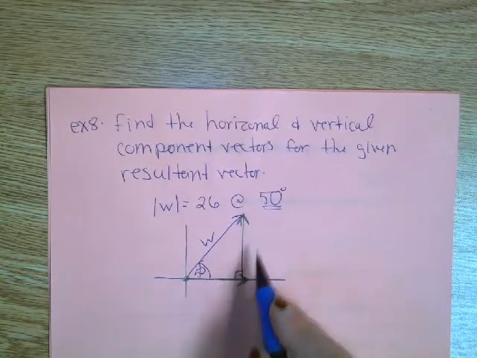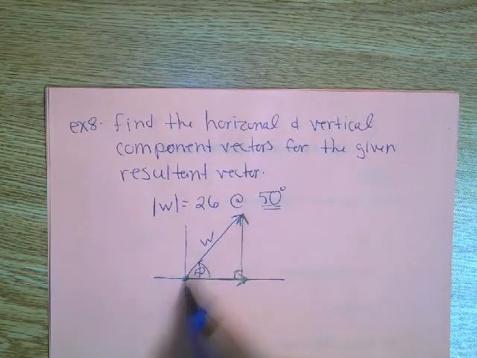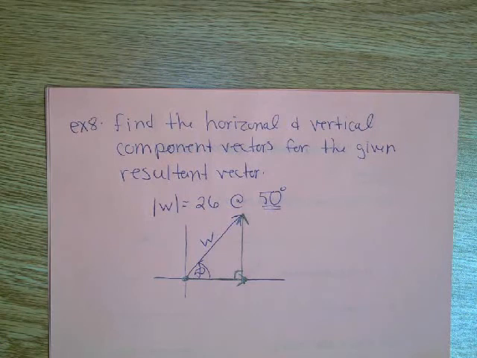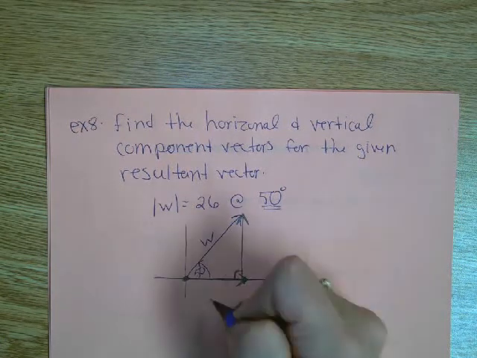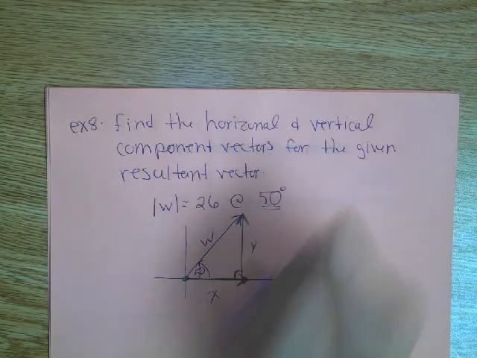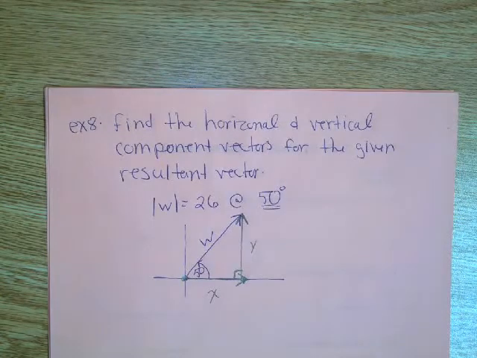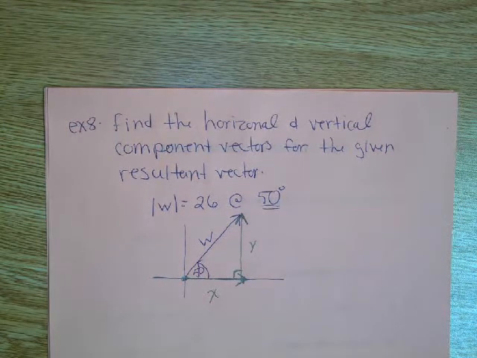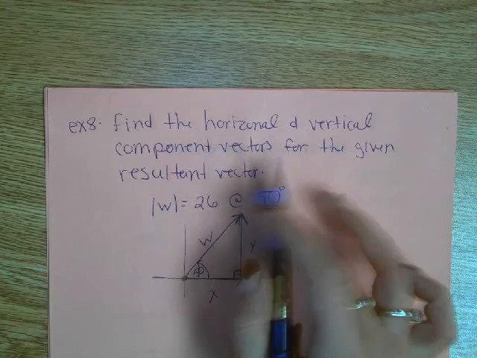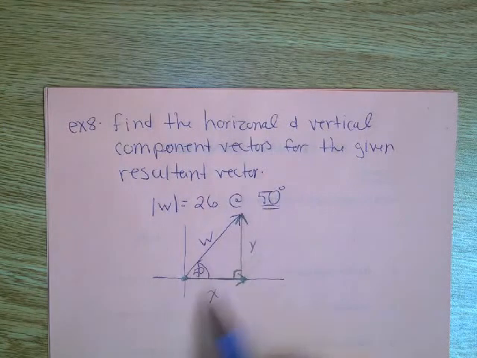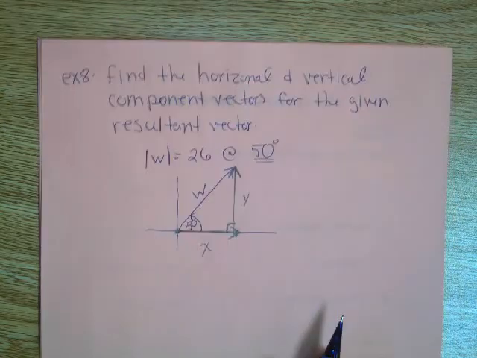So there was a horizontal and a vertical that were added together to make this W resultant. The question is, can we find these two? This is just a simple right triangle SOHCAHTOA problem with a lot of physics jargon thrown in. So don't let all the verbiage bother you. All it is is solving a right triangle. So we can use SOHCAHTOA to do that.